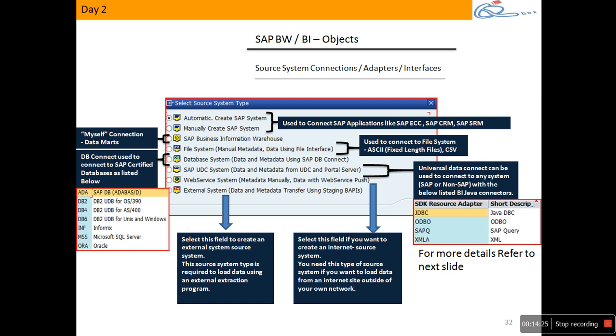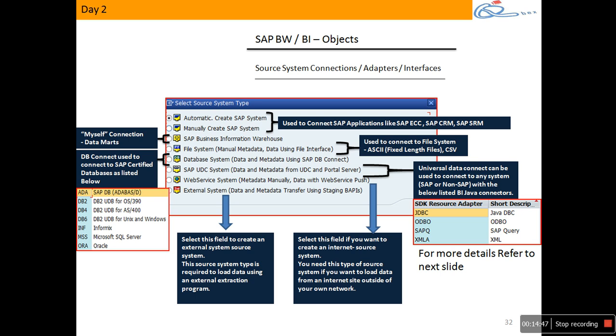Next, we use the external system with BAPIs when you want to extract data from some third-party tools. Yesterday, I was discussing that if BW is not able to establish a connection to a source system, then we use some middleware ETL tools like BODS, where the external source is connected to BW with the middleware ETL tool.